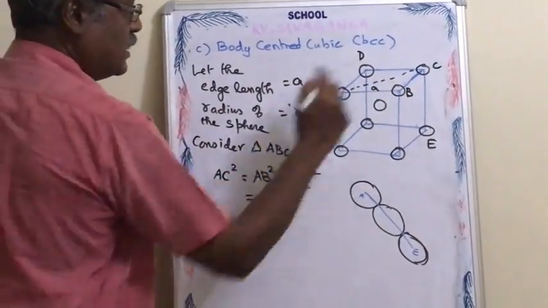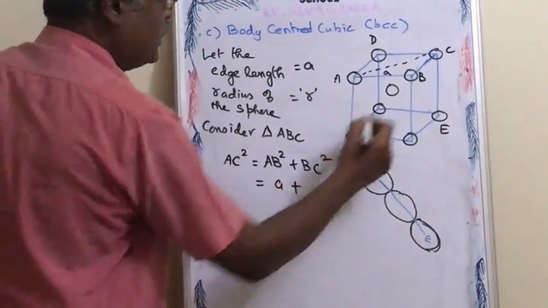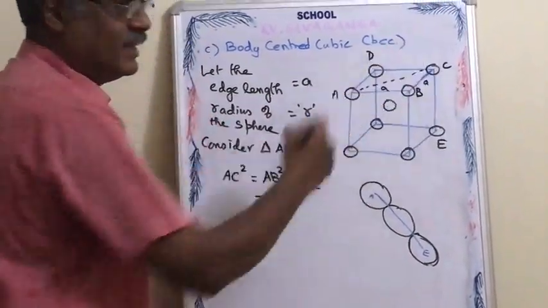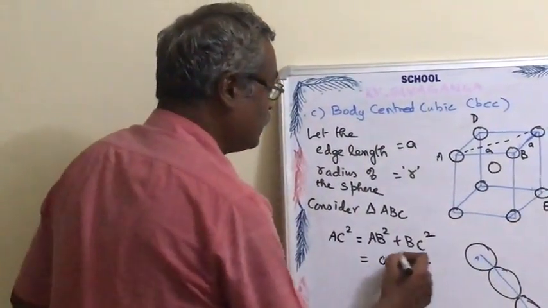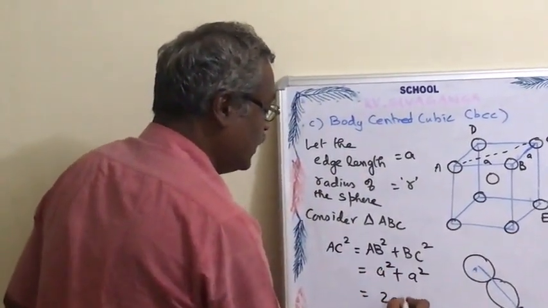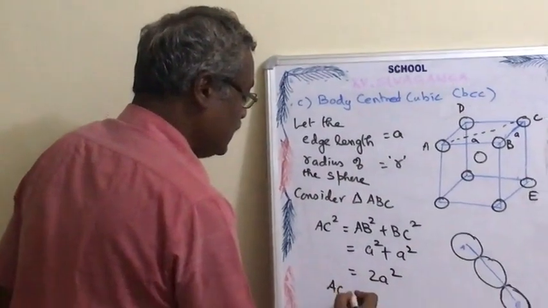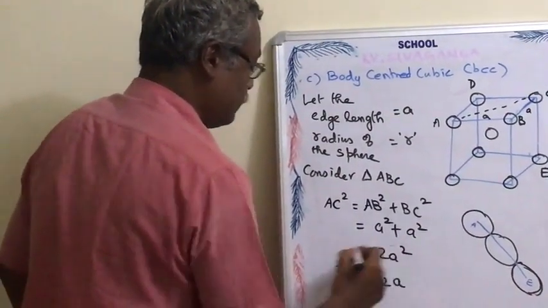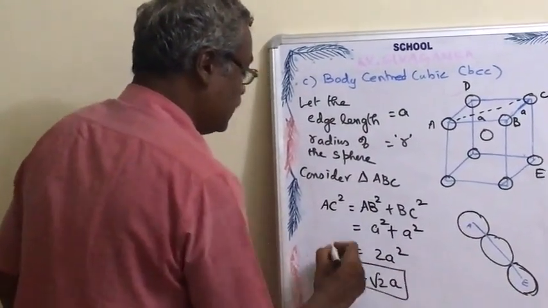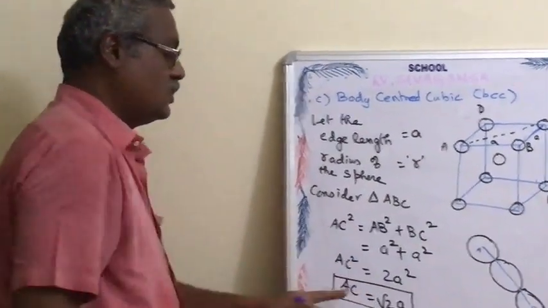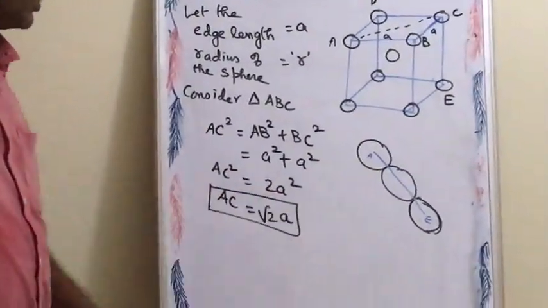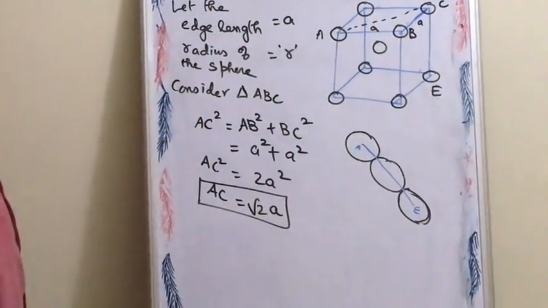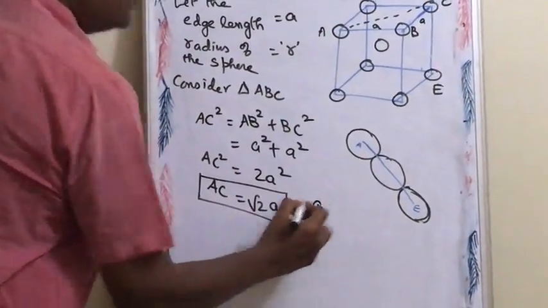Here AB is a, BC is also a, because all the edges are equal in length in the cube. So a square plus a square, 2a square. So AC square equal to 2a square. Taking the square root, AC equal to root 2 a. This is equation number 1.